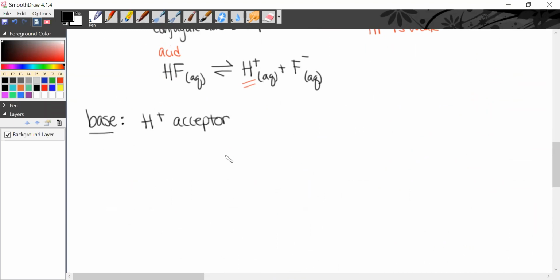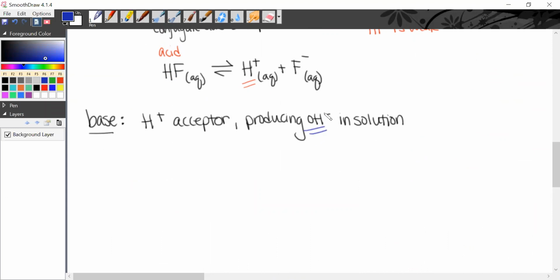Now, in the process of accepting this H plus, it ends up producing OH minus in solution. So that Arrhenius definition that we had for bases, about there being OH minus in solution, that's still good, right? The fact that something produces OH minus in solution is what makes it a base.